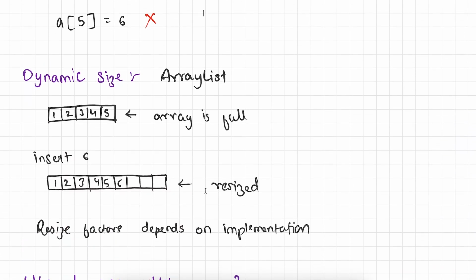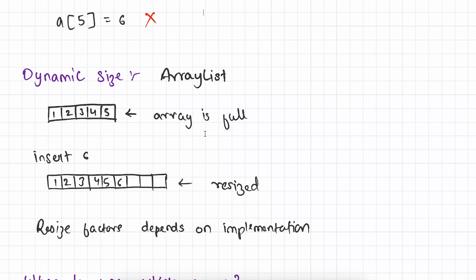The second category is the dynamic size array, and Java implements the dynamic size array as ArrayList. Let's say you have created an array of 5 elements and filled it with 5 elements.